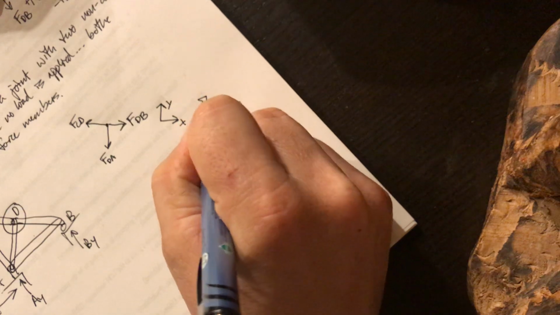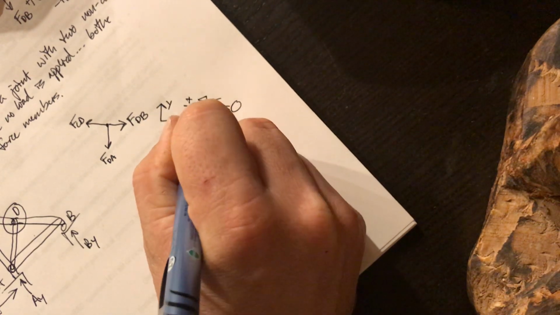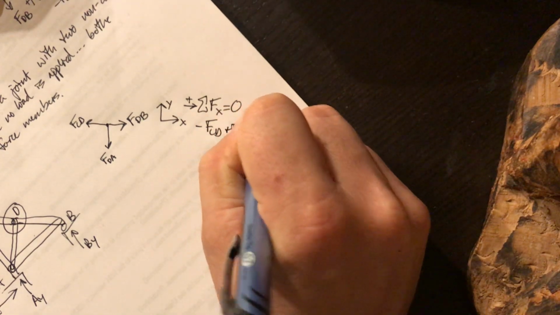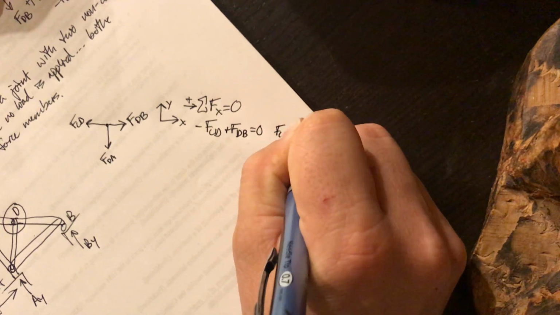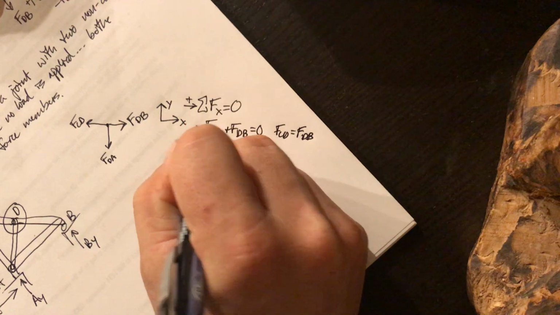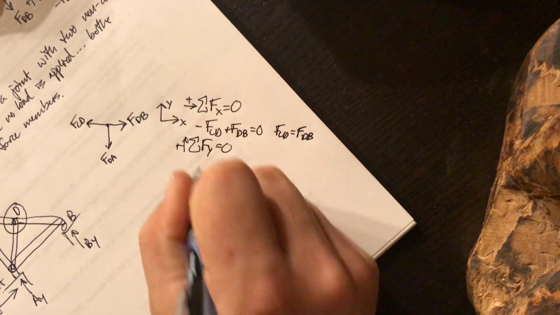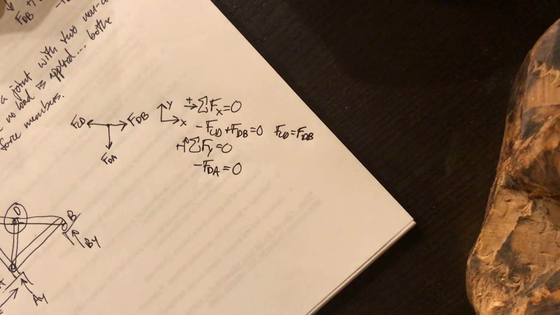So I'll say that way is positive. So I'll have negative FCD plus FDB equals 0, which tells us FCD is equal to FDB. And in the Y direction, the sum of the forces in the Y is equal to 0, with up being positive, and I'll just have negative FDA is equal to 0.